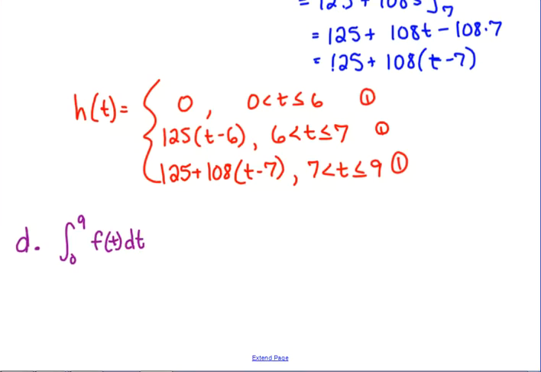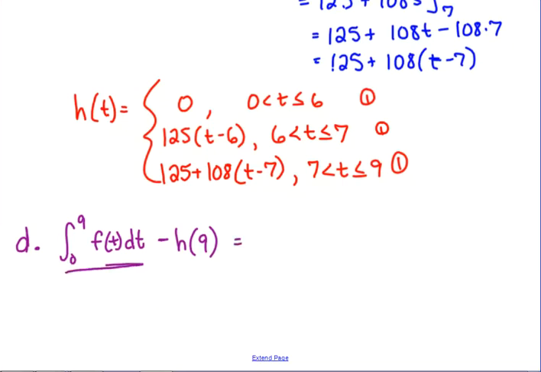The f of t, that's the rate at which the snow is falling. And we need to subtract h of 9 because h gives us the amount that she has removed at the 9th hour. We don't need to accumulate that. We already did the accumulation part. h just gives us how much she has removed at a certain time. So we can just subtract h of 9.